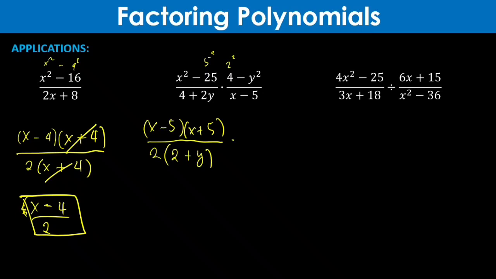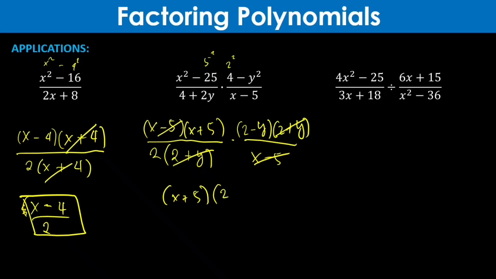And then for this one, this is 2 minus y and 2 plus y. Then x minus 5. Okay, let's look at it. If we can factor, x minus 5 is common. So we'll be left with x plus 5 and 2 minus y all over 2.